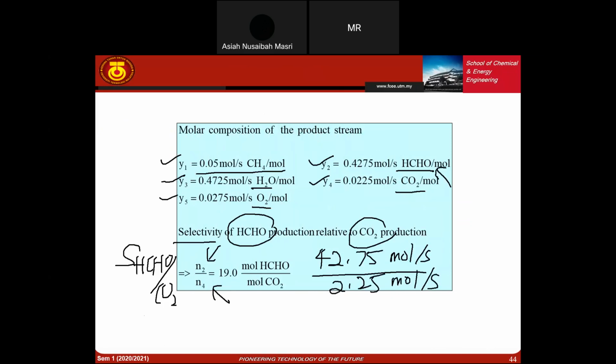So with that, we got it is equal to 19. So here, selectivity is 19 moles of HCHO, the formaldehyde, over moles of CO2. So now we have answered the second question.